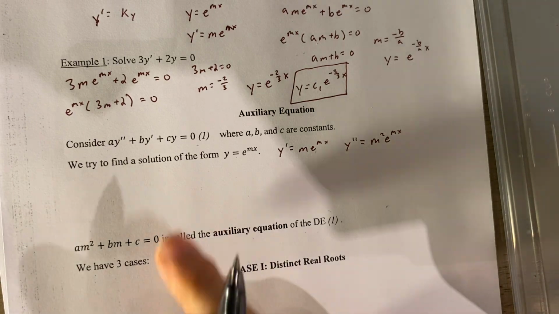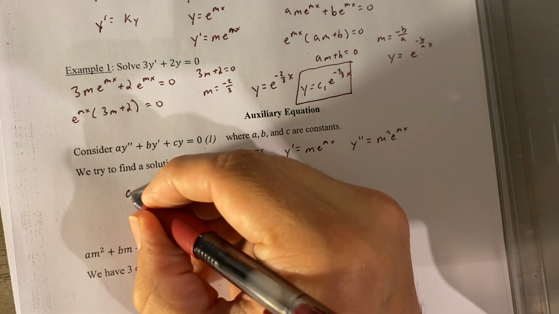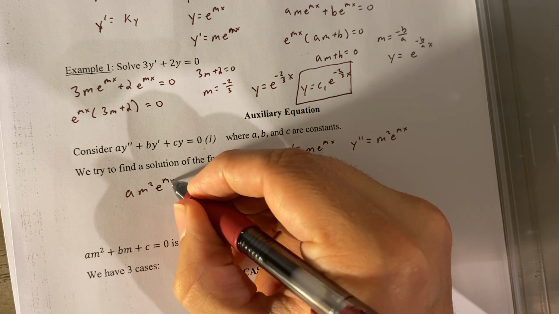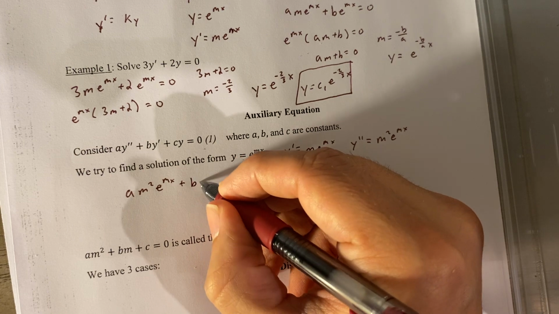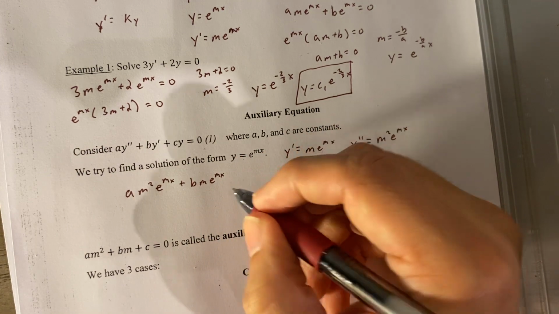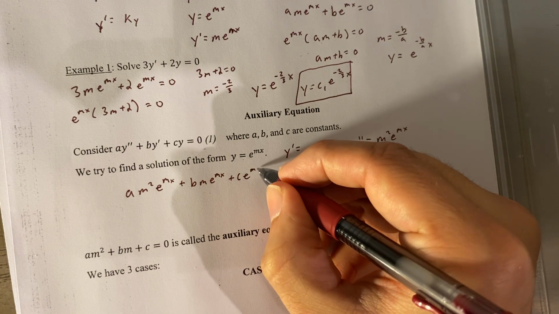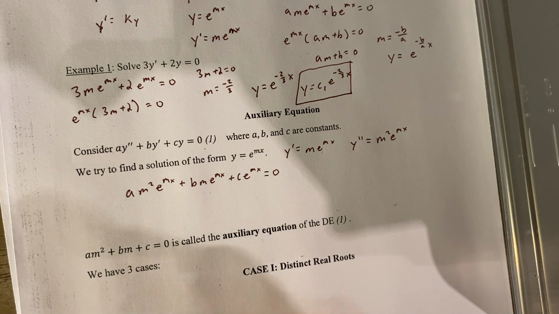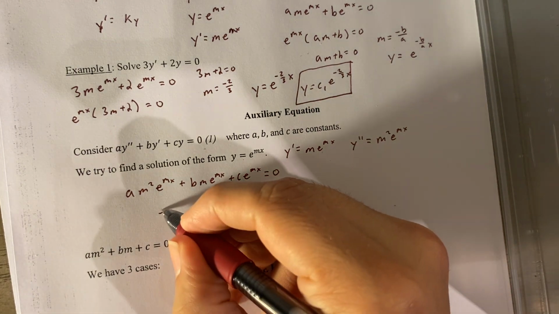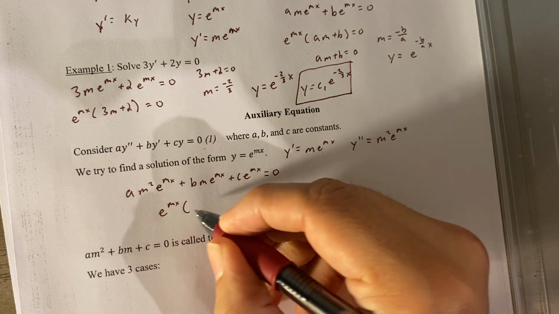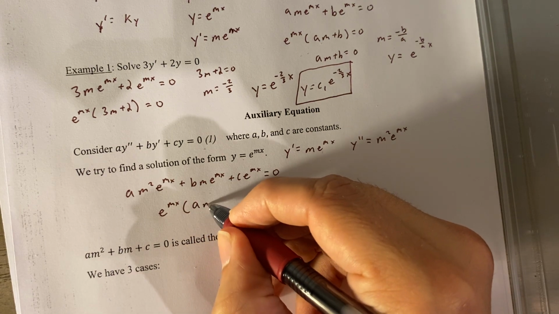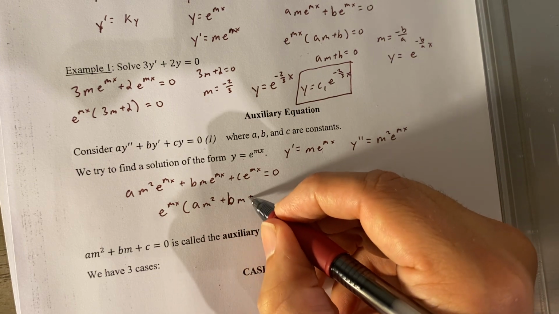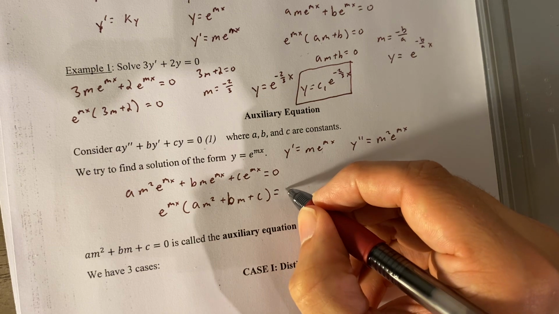Substituting that into our differential equation, we get a m squared e to the mx plus b m e to the mx plus c e to the mx. Set that equal to 0. And then we can pull out the e to the mx, and what we're left with is a m squared plus b m plus c, and that equals 0.